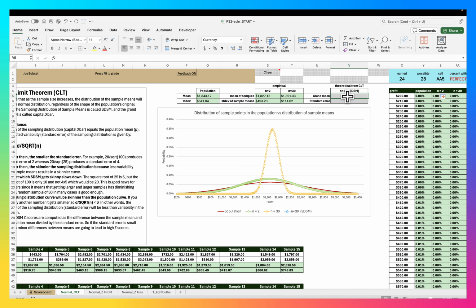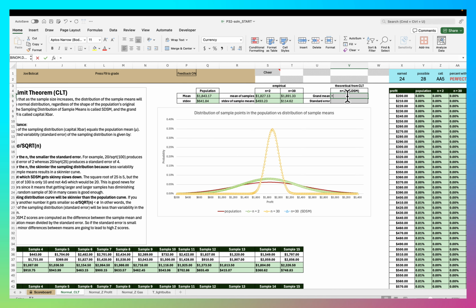In fact, all we need to do is know the sample size and sigma. So here we go.